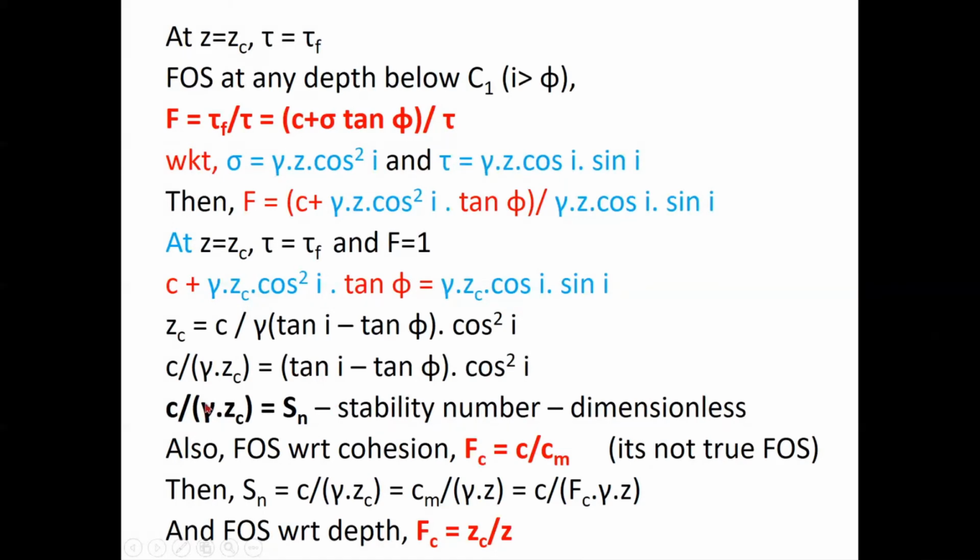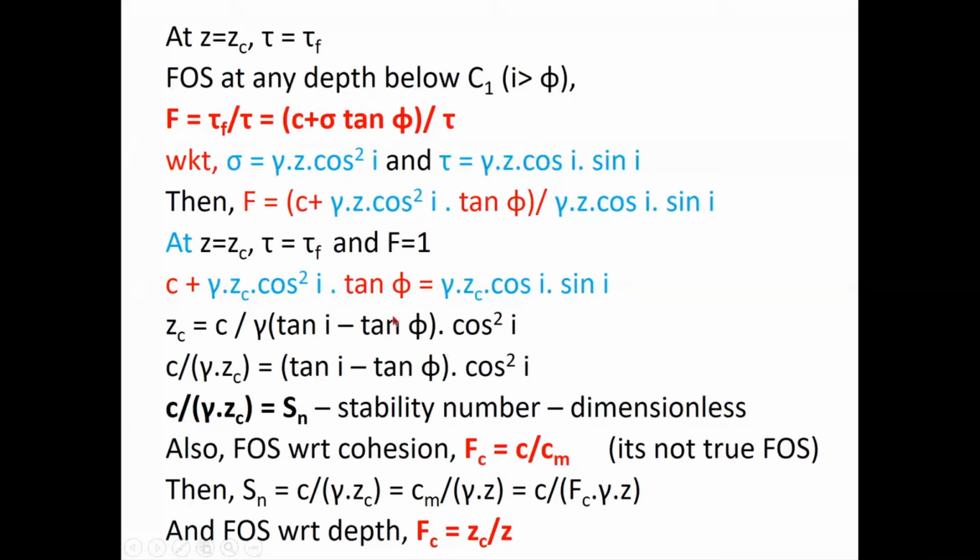Right. So this Sn is my stability number, which is a ratio between c and unit weight and critical depth of the soil. Right. Now I can also write the factor of safety in terms of cohesion. That equation will show Fc is equal to c by cm. Fc represents the factor of safety with respect to cohesion, which will be equal to c by cm.